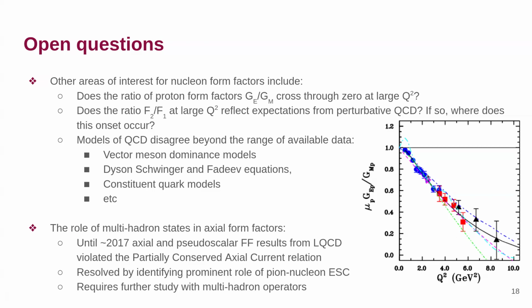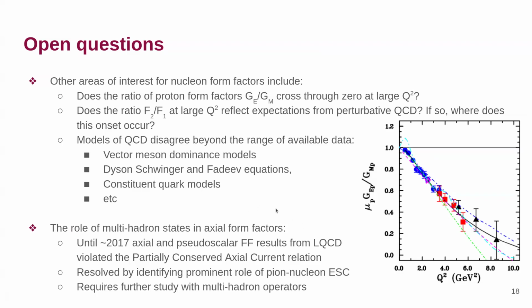And we can see that while they agree fairly well in the region where we have plentiful data, in the region where data is scarce and going beyond that, these models start to diverge and have very different expectations. And so having input from the lattice on these form factors can hopefully help get some understanding about these models as well.